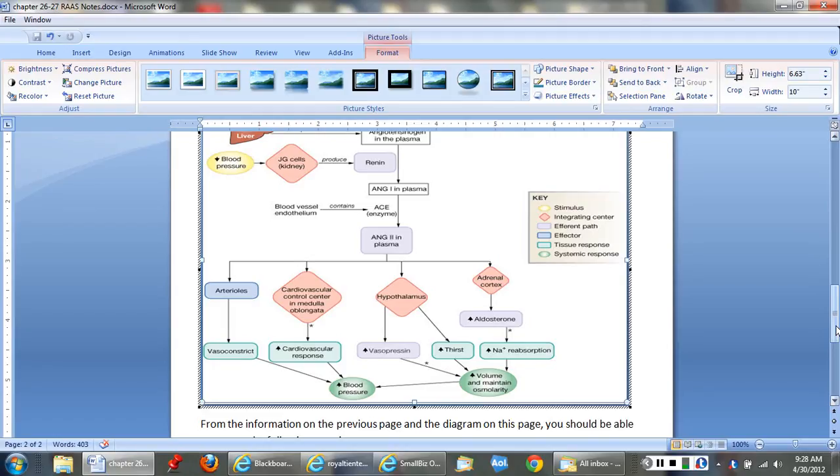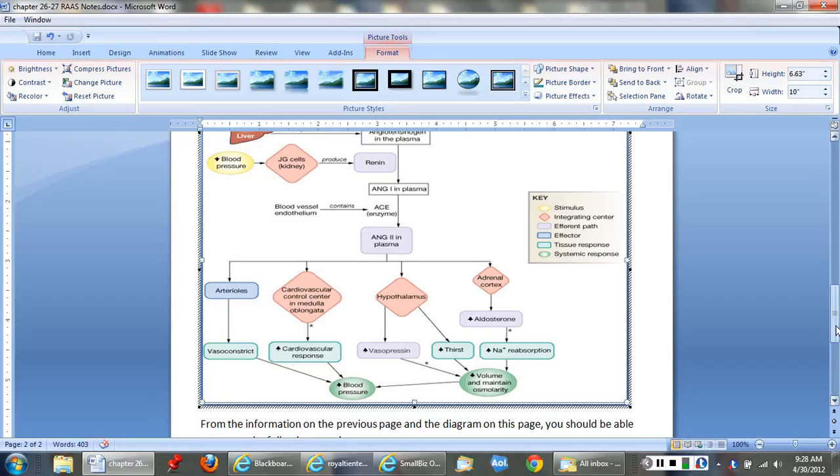Remember, the medulla has the cardiovascular control center, which stimulates the increase and decrease in heart rate. So angiotensin 2 then obviously will increase the heart rate. So anytime you increase heart rate, what effect does that have on blood pressure? It increases blood pressure. Okay?